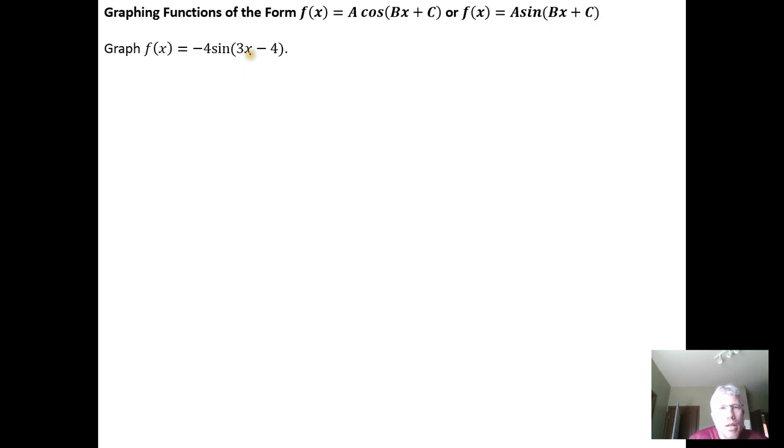The thing that we need to be careful about is when we have a multiplier on the input variable that's causing a change to the period. We know that there's a function transformation, a horizontal translation going on because of this minus 4. But if there's a multiplier on the input variable, we don't know the horizontal translation until we factor this 3 off.